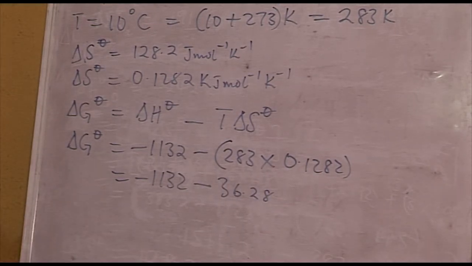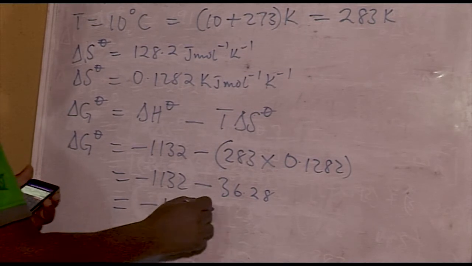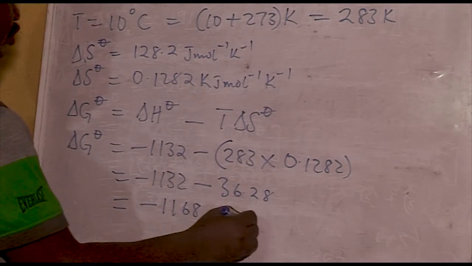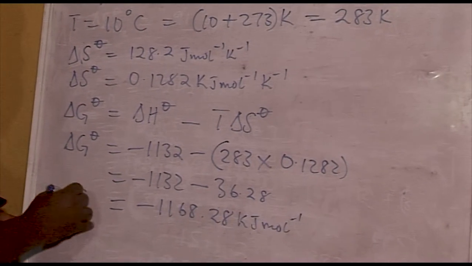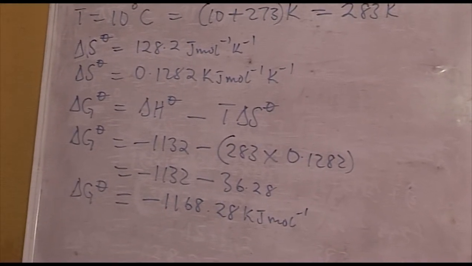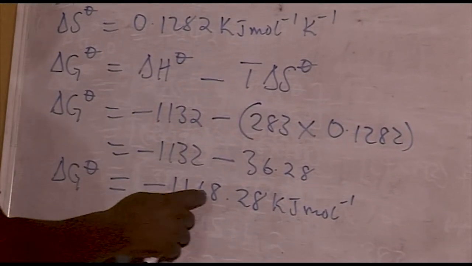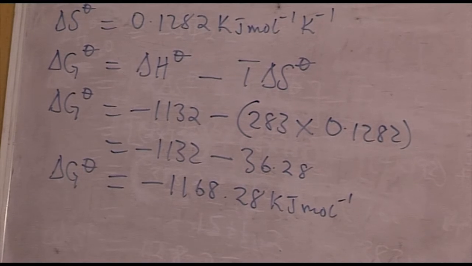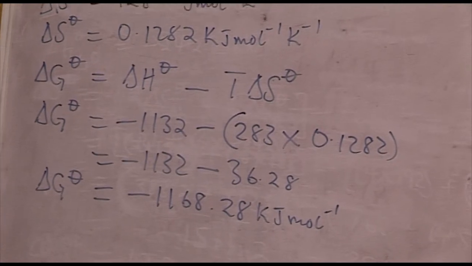So this will give us 36.28. So finally our answer will be minus 1168.28 kilojoule per mole. So the standard Gibbs free energy change for that chemical reaction will be minus 1168.28 kilojoule per mole.